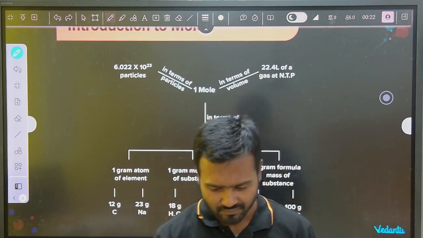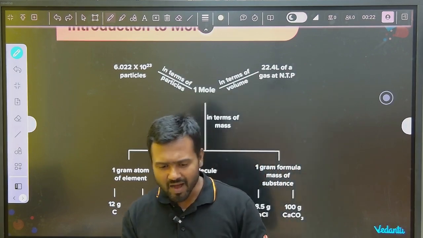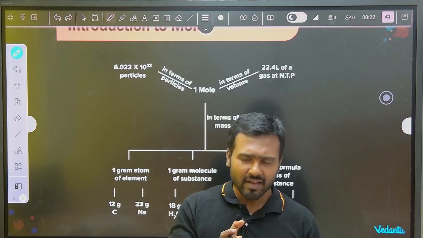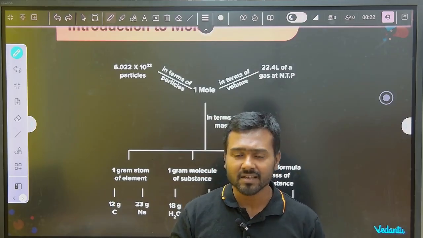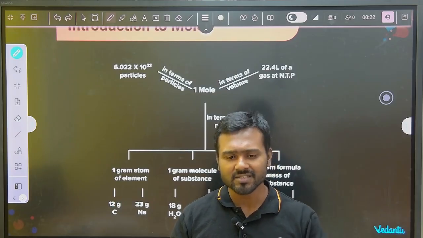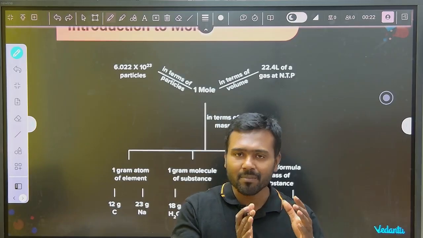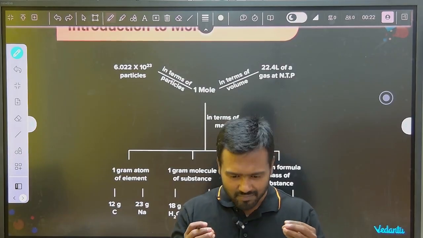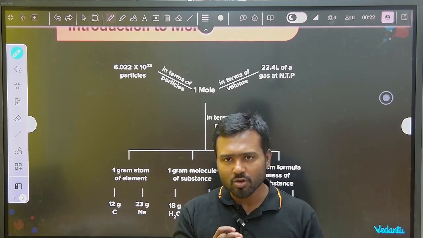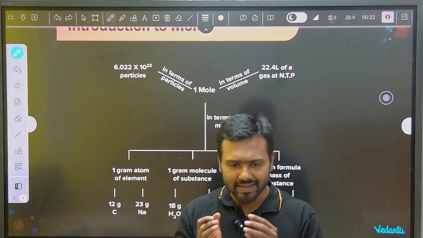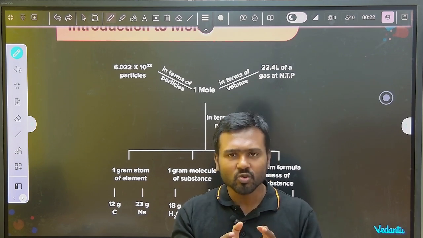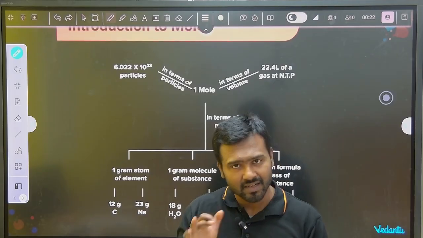So he said that if you take any element, and its mass is equal to its gram atomic mass, now here grams came, or else we'll say the weight, and the number of particles, we are linking these two. 6.023 into 10 power 23 atoms of any element, if you weigh them, you are going to get its atomic weight in grams.